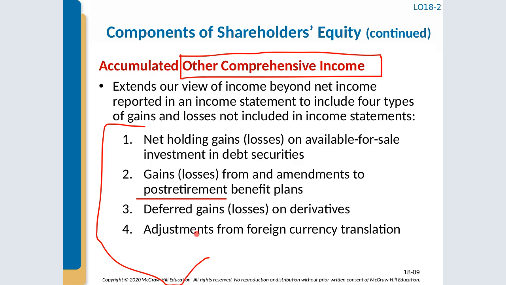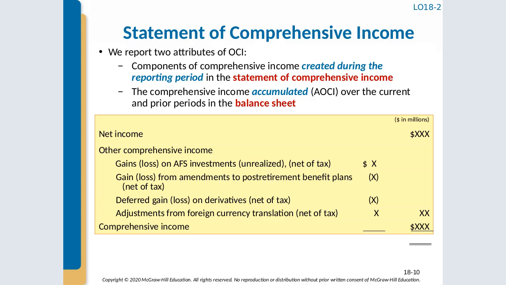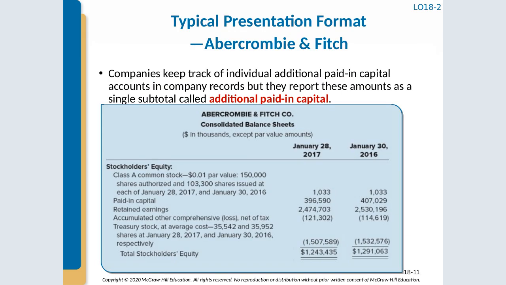So next semester, we're going to be looking at foreign currency, which also uses AOCI. So we have an example of the statement of comprehensive income. If you have your annual report for your publicly traded companies handy, you can see how these are reported in real life. So pretty much like the example here.